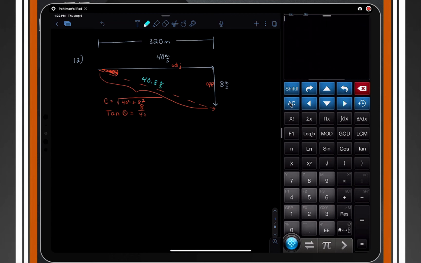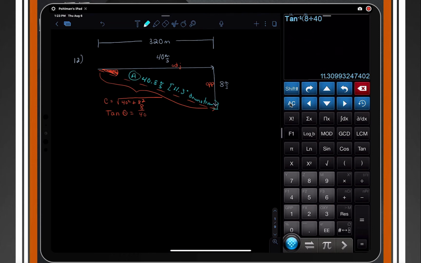And then the angle at which it's going downstream will have 8 divided by 40 equals, and your angle for this is going to be 11.3 degrees. And I'm just going to say with respect to downshore, or downstream, right like this. All right, that is the first part. That would be like part A.